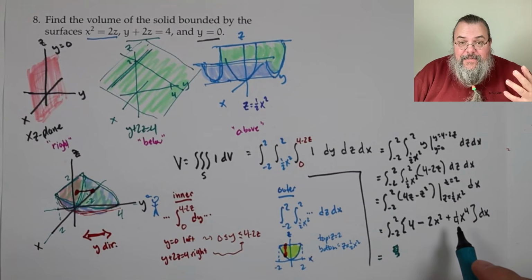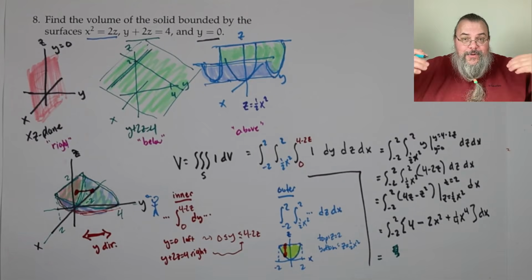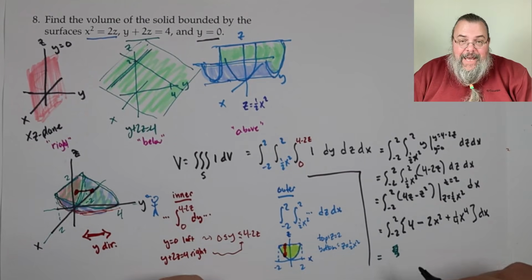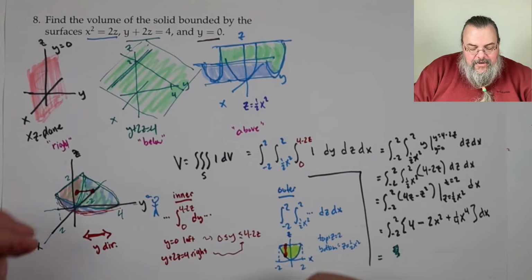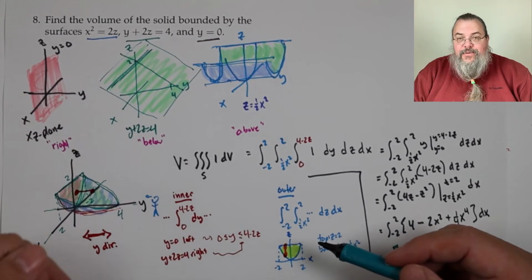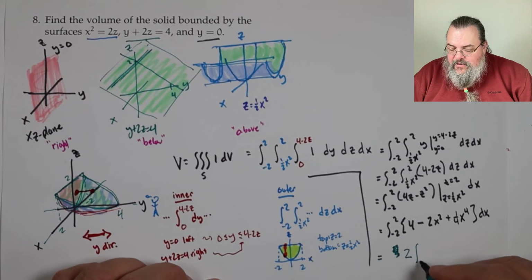All the exponents are even, from -2 to +2. You can use symmetry here to cut the integral in half, because the part from 0 to 2 matches the part from 0 to -2. So you can double the integral from 0 to 2 of 4 minus 2x squared plus 1/4 x to the 4th.